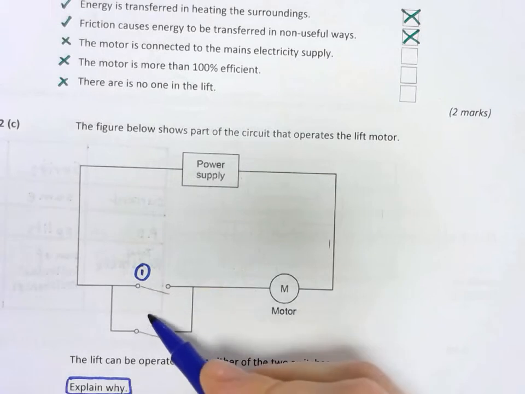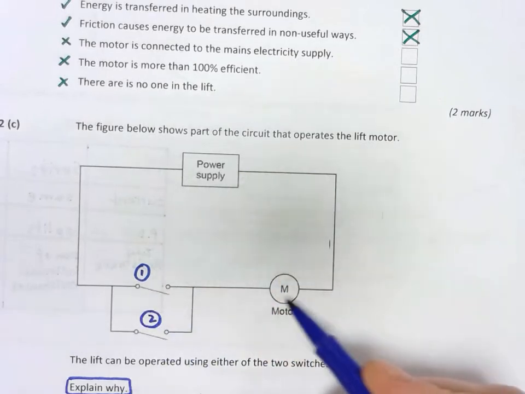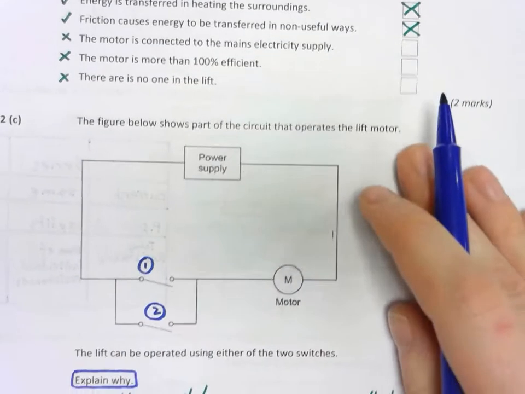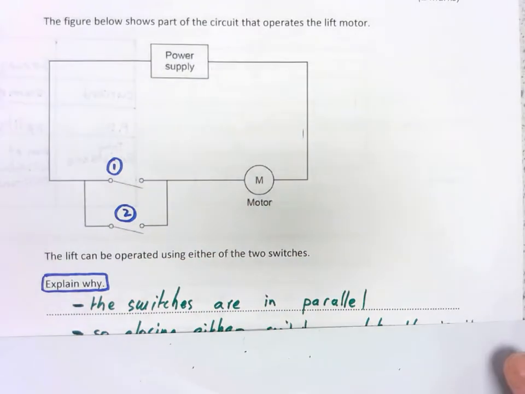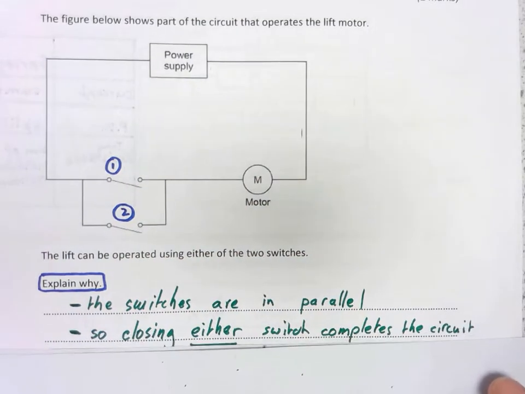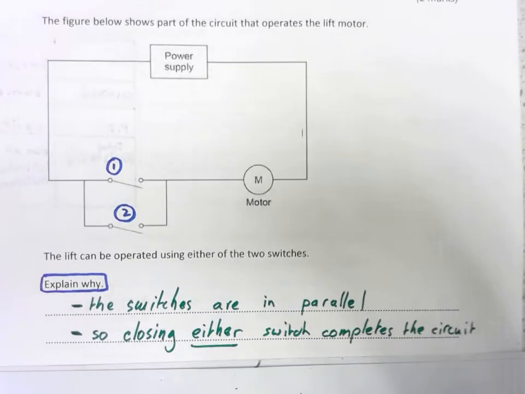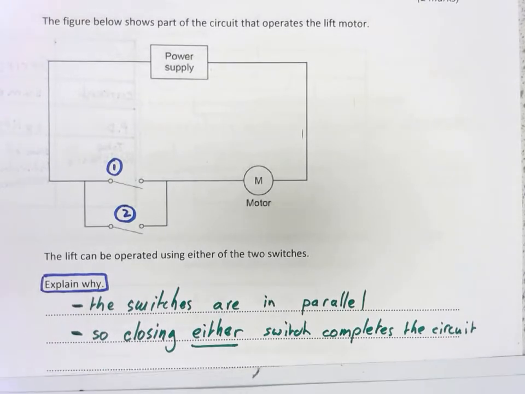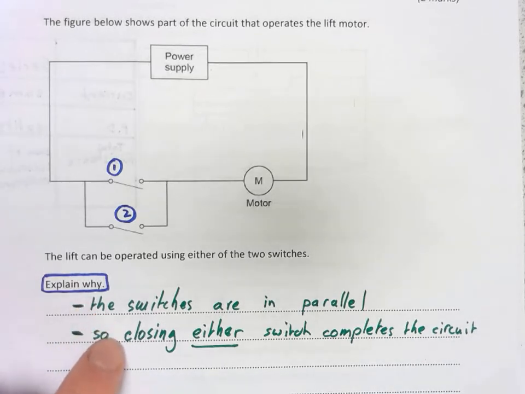If switch 1 was still open but switch 2 was closed, then the current could still flow through switch 2, and that's because the two switches are in parallel. So what you need to write down for that is the two switches are in parallel, so you get a complete circuit when you close either switch. Closing either switch completes the circuit. And I've got an explanation because I've written so or therefore.